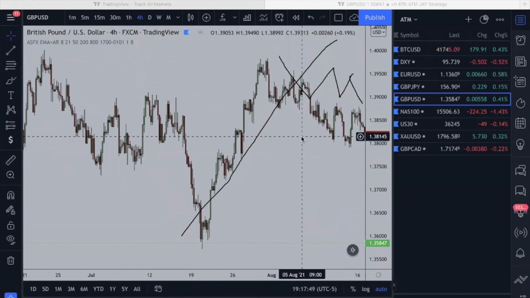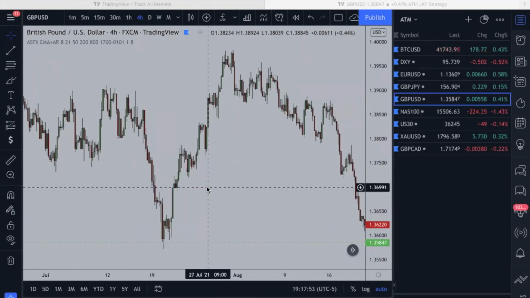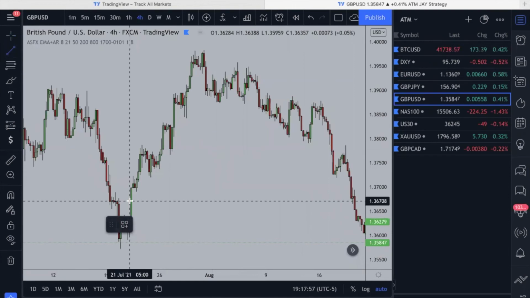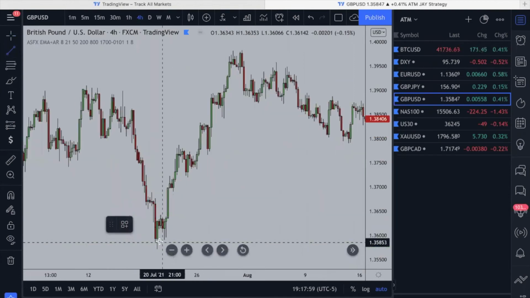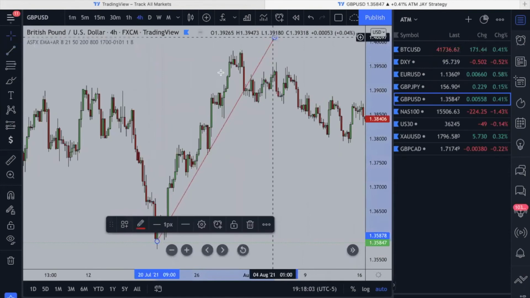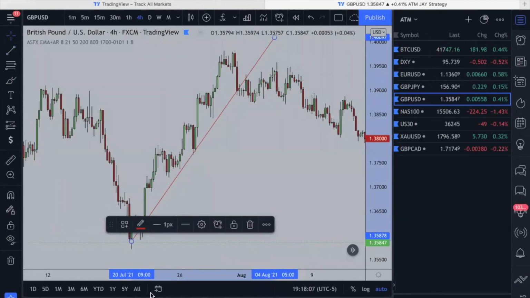See? So let me just quickly, even though I'm not talking about break of structure yet, show you why identifying breaks of structure is important as well. So let's say we were on this uptrend, right? So we got our higher lows.